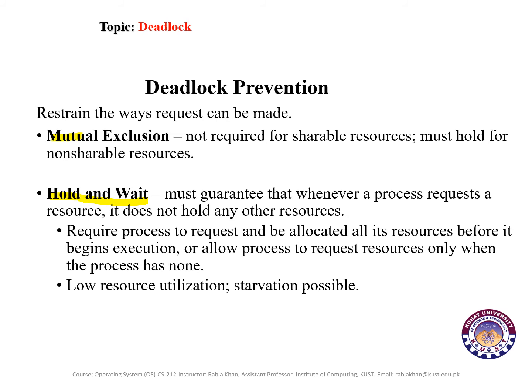The operating system needs to ensure that any process that requests some resource must not hold any other resource. So, the operating system needs to ensure that whenever a process requests some resource, it does not hold any other resource. How can this be ensured? Two options are there.